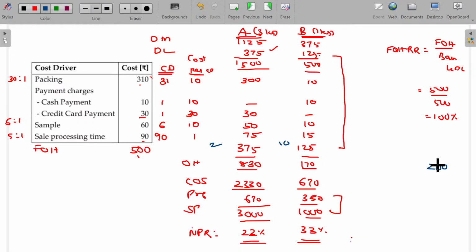Thereafter, we identified the activity for the cost, and the cost increases and decreases because of what? That is the cost driver. Now we have to find out the cost per cost driver, and the person who is responsible for the cost driver will be charged. That's the logic.